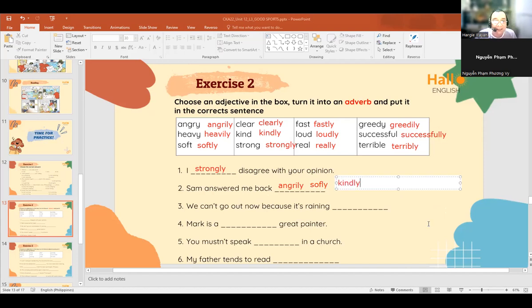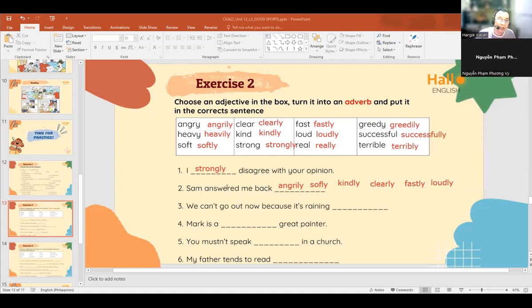If you answered back, sometimes you answered back kindly, or clearly, or fastly, or loudly. So there are a lot of adverbs we can use.